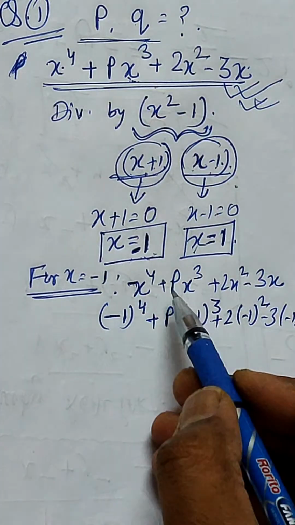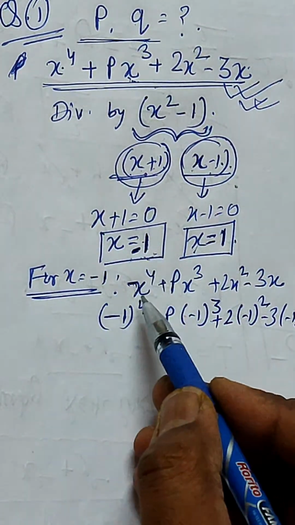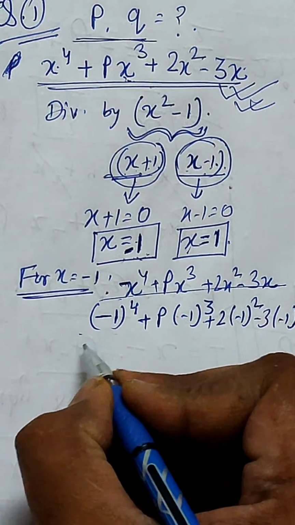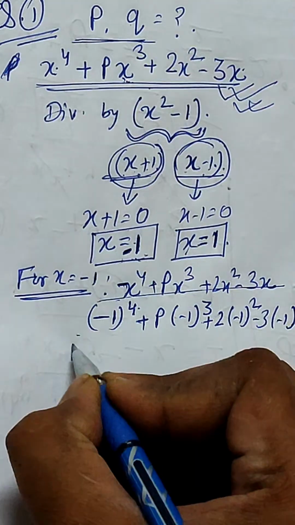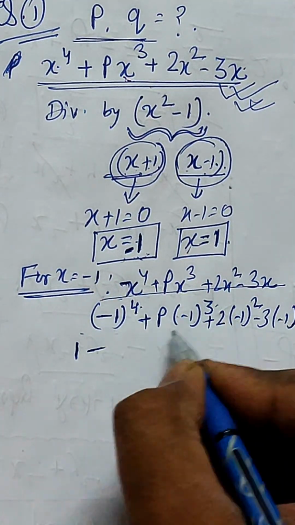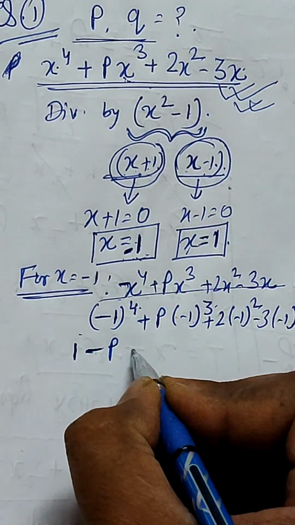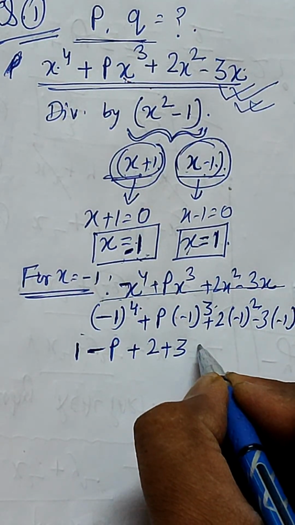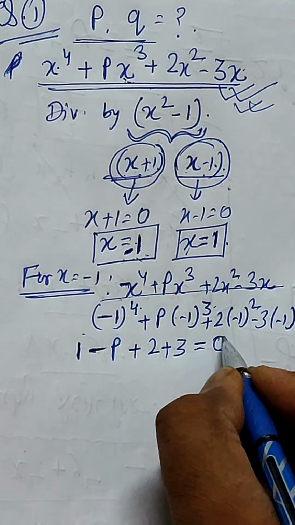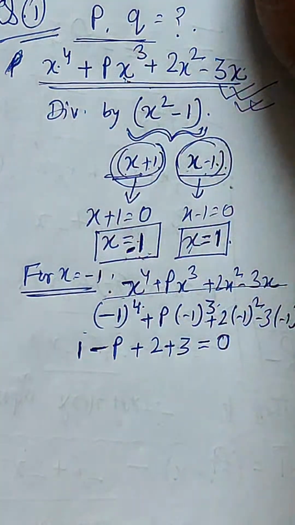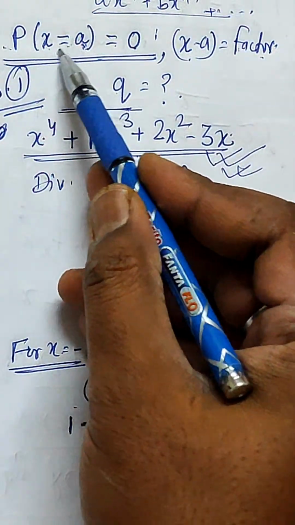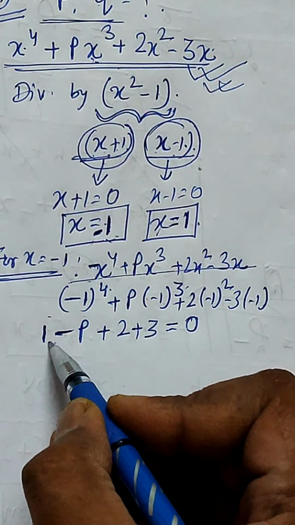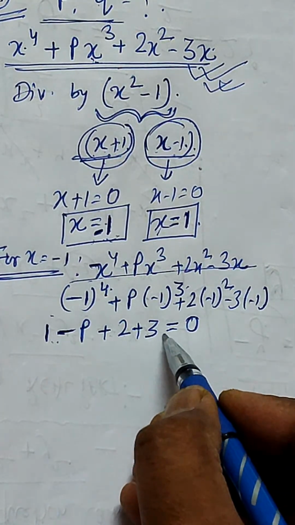Now minus 1 power 4 is 1, minus 1 cubed is minus 1, so it becomes 1 minus p plus 2 plus 3, and this is equal to 0.